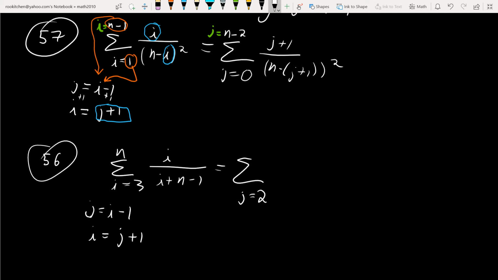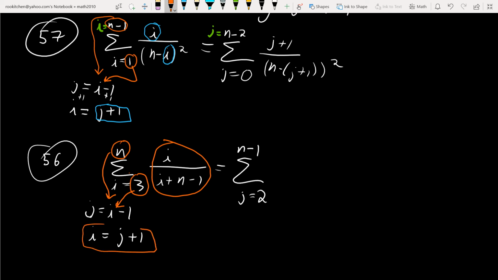And when i is n, j will equal n minus 1. So again, it's just substituting the limits in the original expression into the formula for j. And then on the inside, the guts of the summation, I'm just replacing i's with this i formula here.